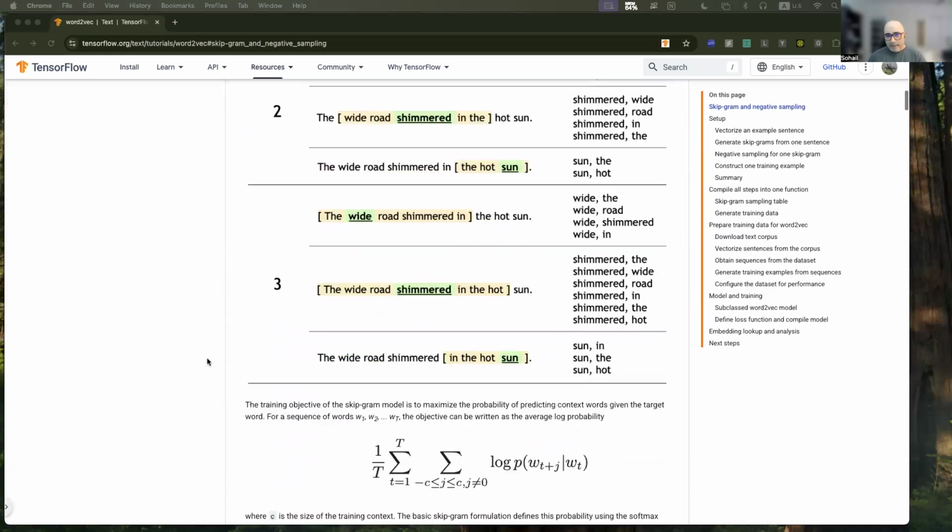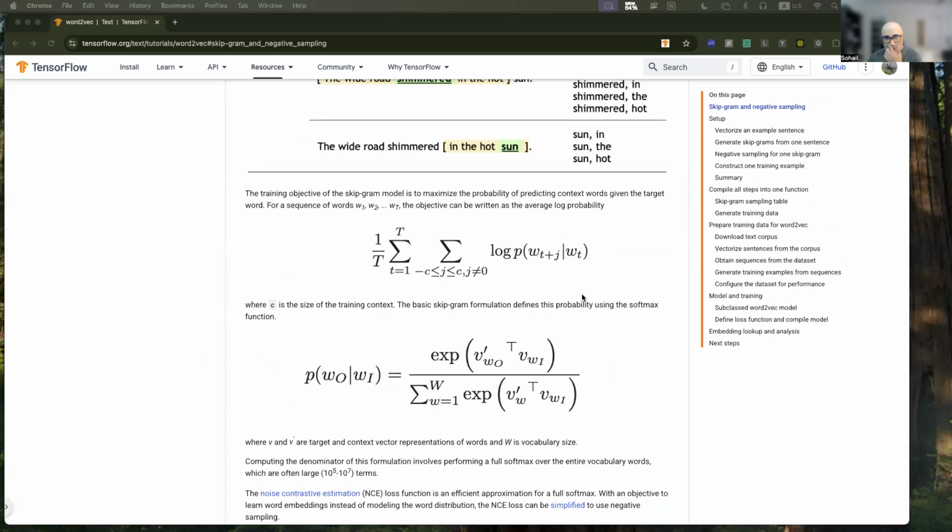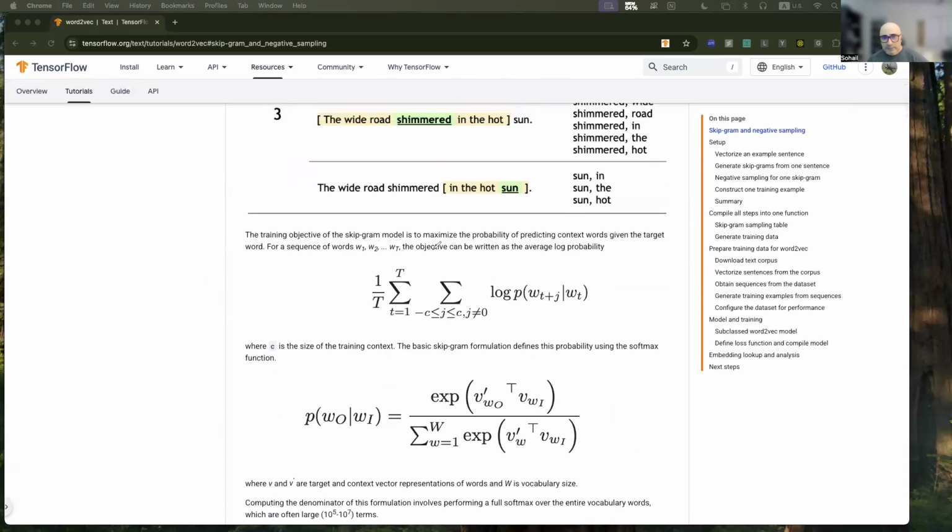All right, so we have the equation in here. You can see that this T is all the words that you have in this text. So in this case, how many words do we have? We have 1, 2, 3, 4, 5, 6, 7, 8. So T is 8 for this sentence.